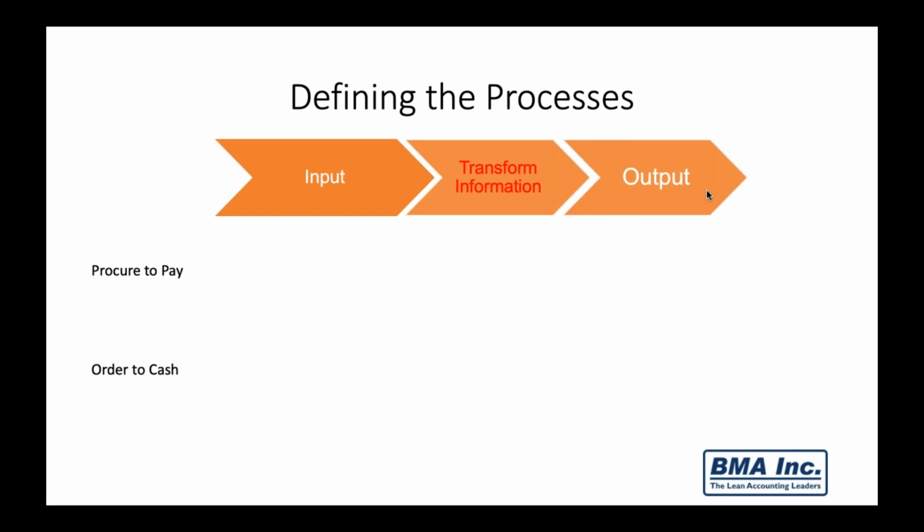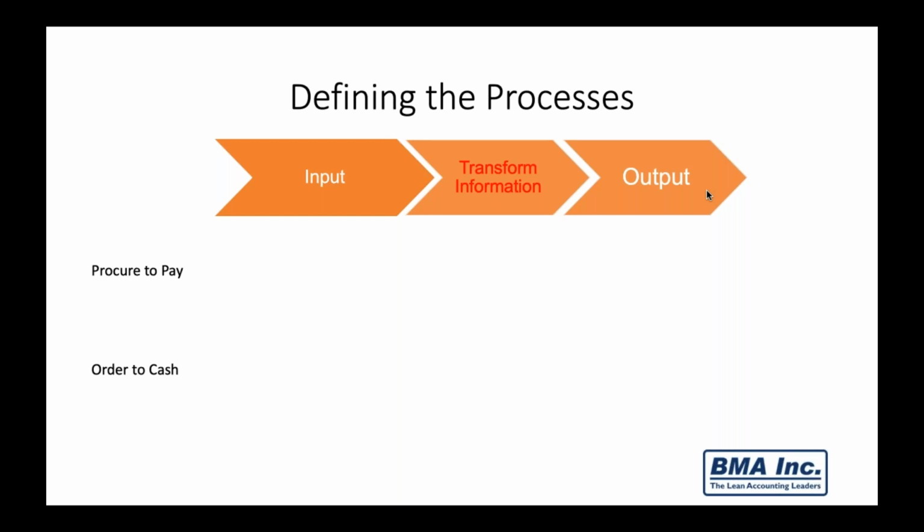If it was a manufacturing process, you place an order, you create a product, and then you ship the product. If it's a service business, you place an order, you deliver a service, there's output. So the same is true in payables and receivables.